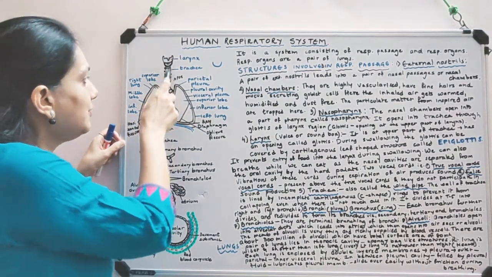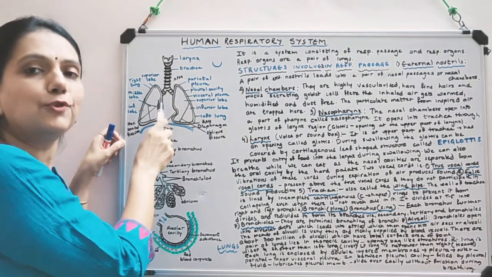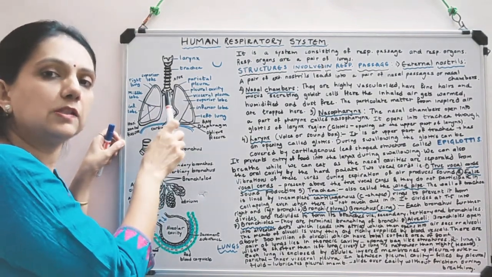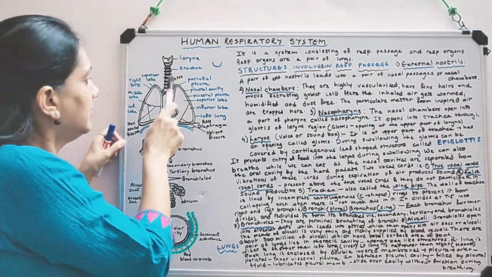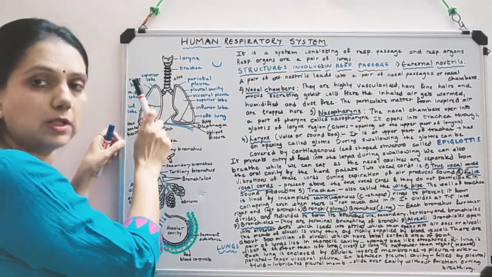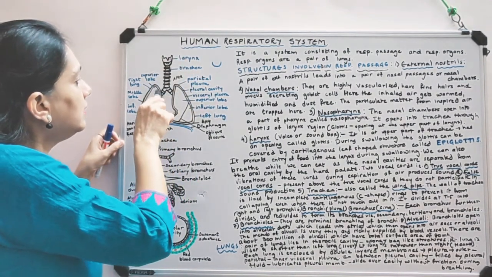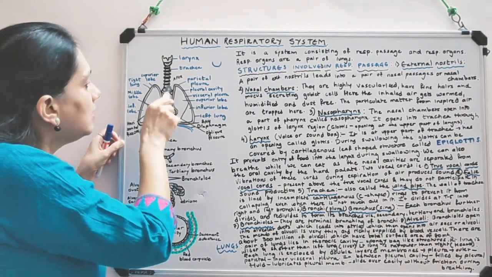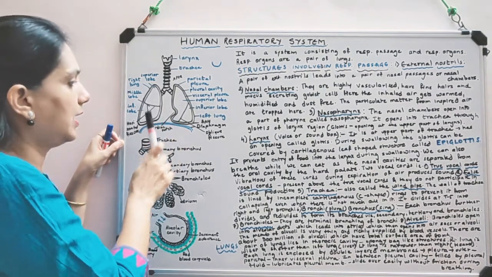And if I say trachea is dividing into, here I have to speak bronchi as that is the plural. Trachea divides into bronchi. That is right bronchus and left bronchus. You are getting this? Trachea is dividing into right bronchus, left bronchus, and these divisions are the bronchi.